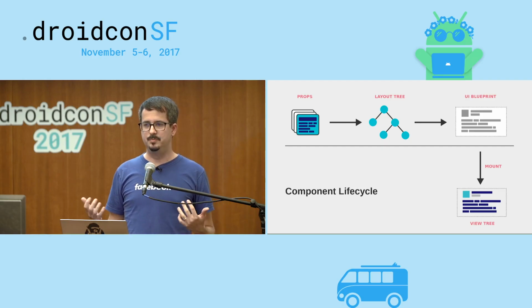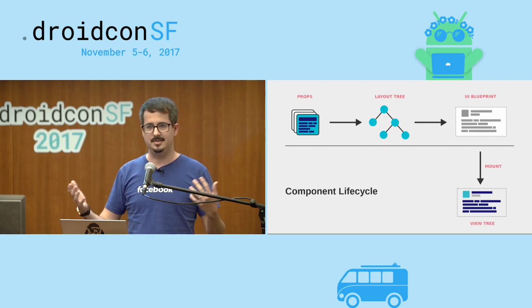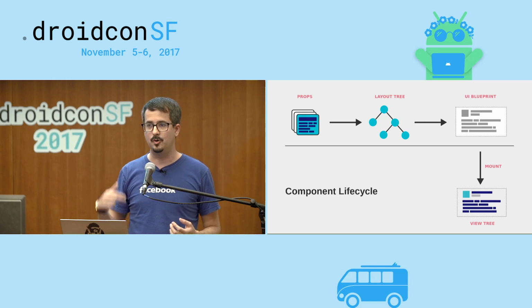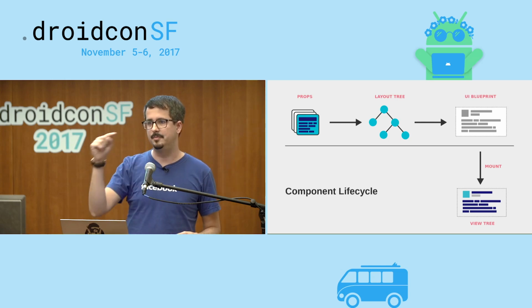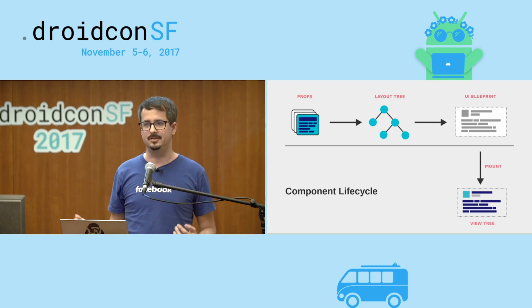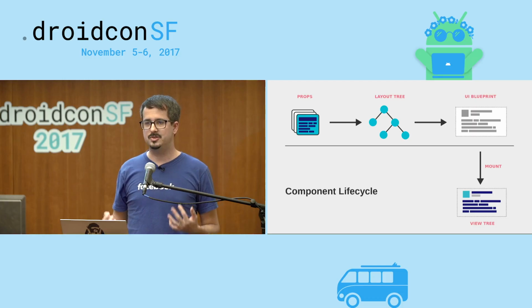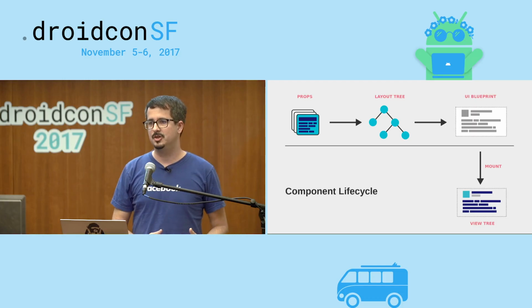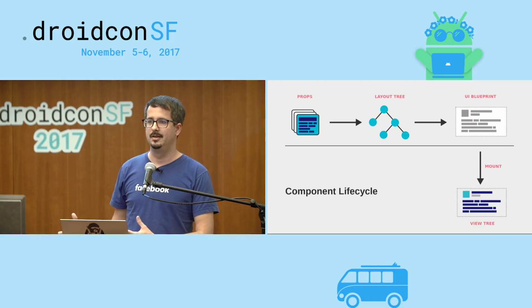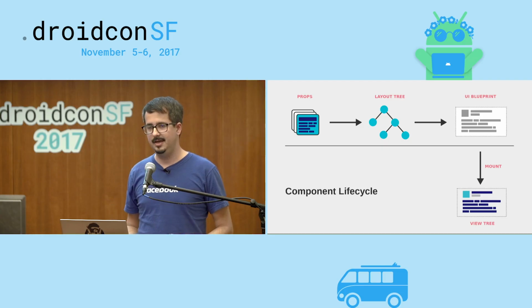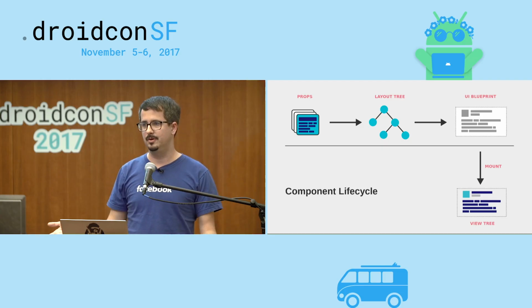Once you have this blueprint, think of it as a list of the components that are going to be rendered on screen and their bounds. You know exactly where everything is going to be at this point. Then you do something we call mount, which is creating an actual view tree based on this blueprint. And that's when you actually have a view on screen.